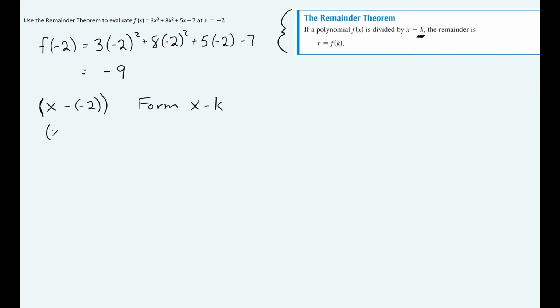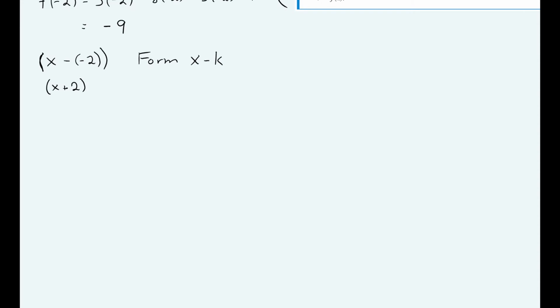So in fact, I'm dividing by x plus 2 as the factor. To quickly divide that polynomial, we will use synthetic division. We could use polynomial long division, but once we get good at synthetic division, we can go through it a lot quicker. So I will use synthetic division.